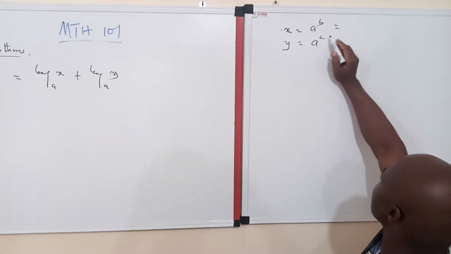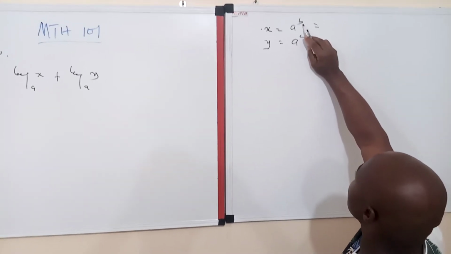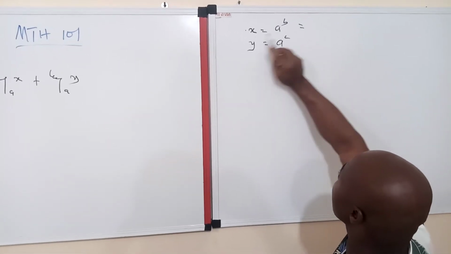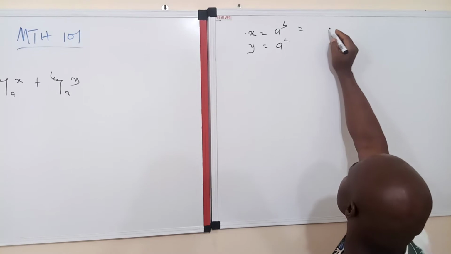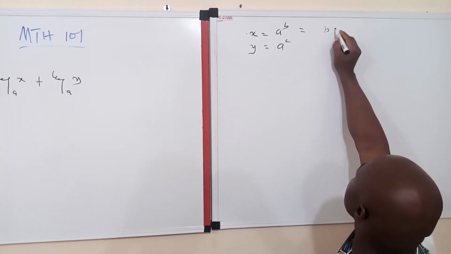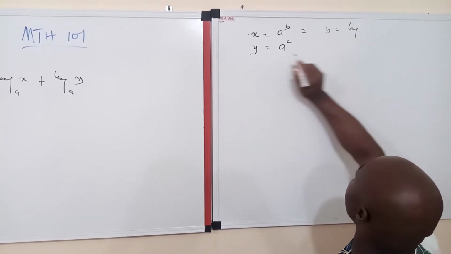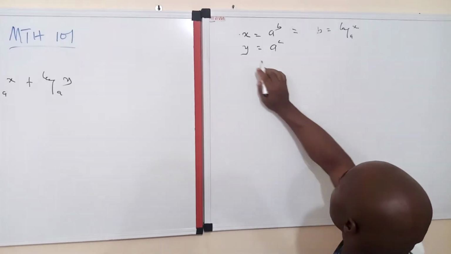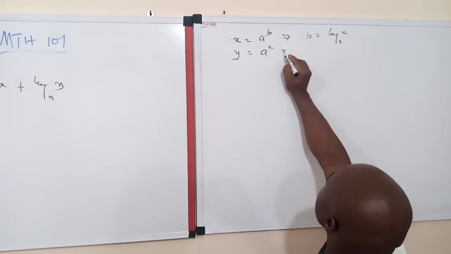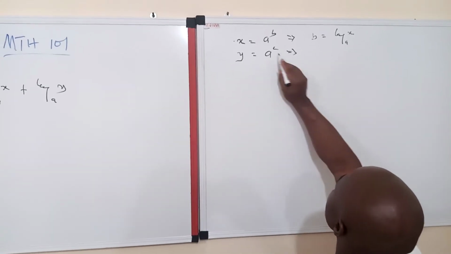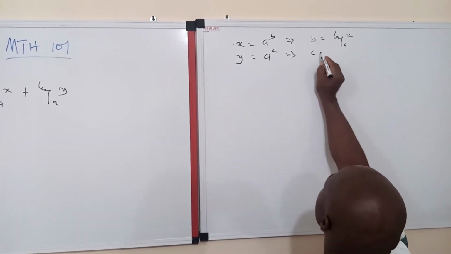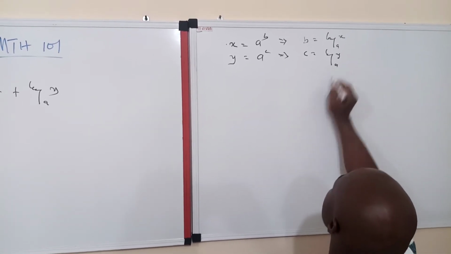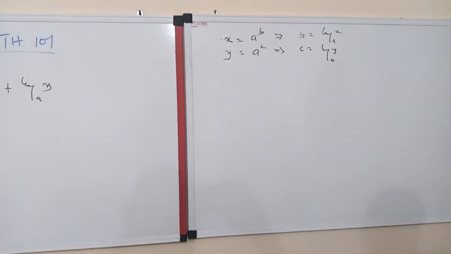In doing that, we said this power is called the logarithm of the number in base a. So b here is the logarithm of this number x in base a. In like manner, this other one, we can also have this power, which is the logarithm of this number y in base a.